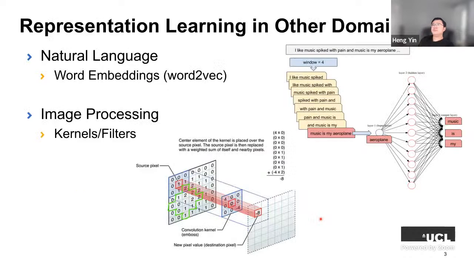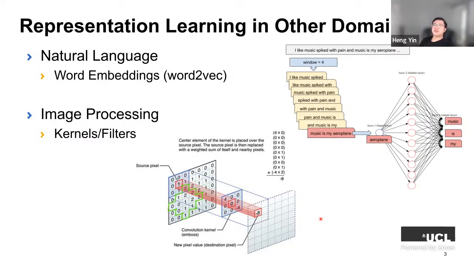So in terms of representation learning in other domains, for people who have worked on machine learning, I guess you are more or less familiar with it. For natural language, we use some kind of word embedding, such as word2vec.